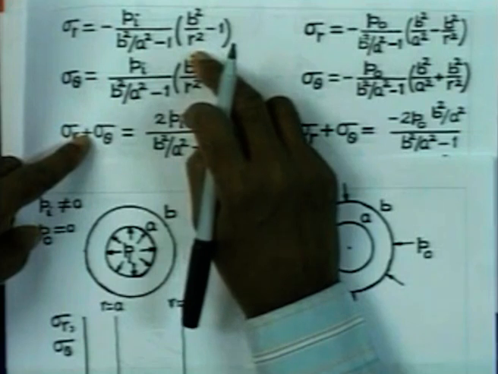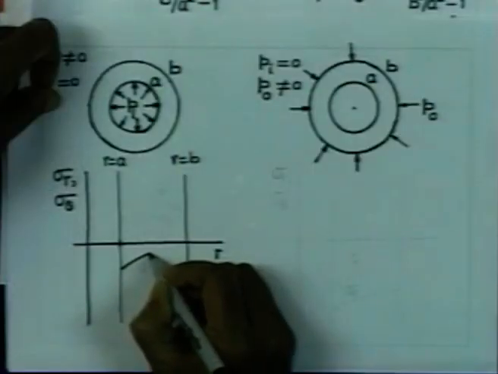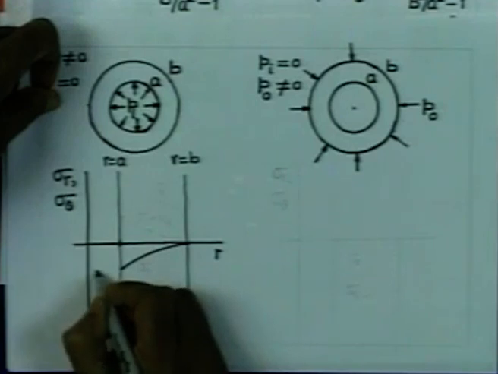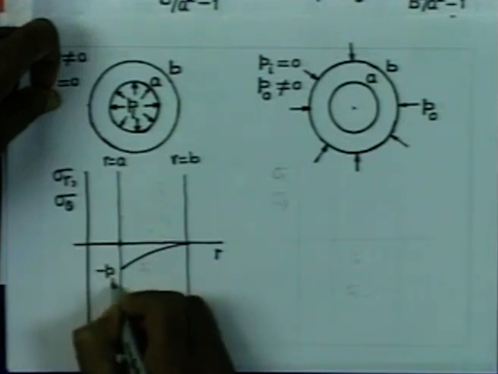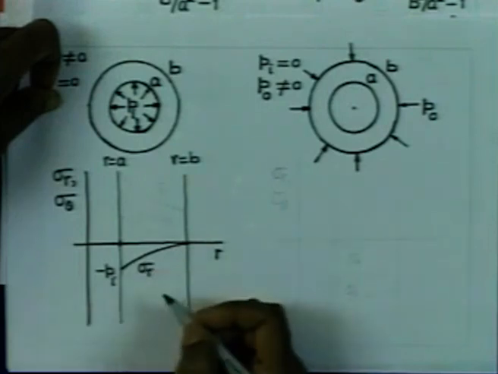So, it is gradually reducing, and obviously the slope d sigma r dr is going to be a positive decreasing slope. So, the variation of the radial stress is going to be reducing in magnitude, and it is going to vary like this. So, it is a positive slope. The value of the stress here is minus Pi, and this is the variation of sigma r.